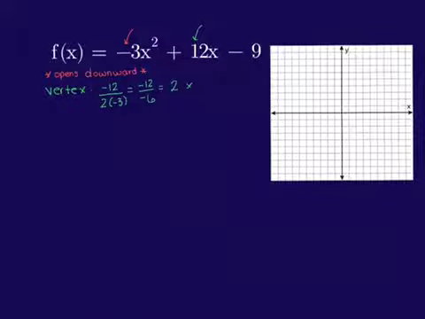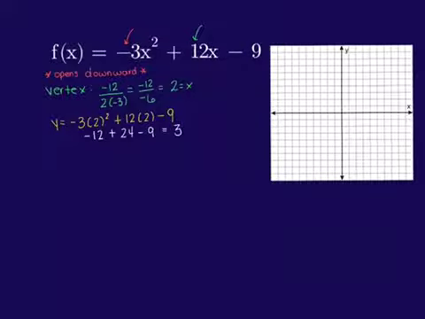So remember, this is x. Then we're going to plug that in to find y. y is equal to -3 times 2 squared plus 12 times 2 minus 9. So if we start computing all of this, this here gives us -12 plus 24 minus 9, which is 3.